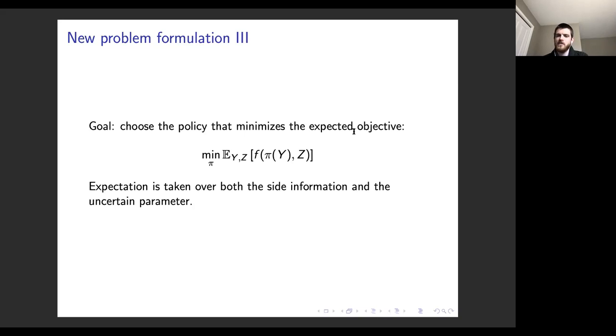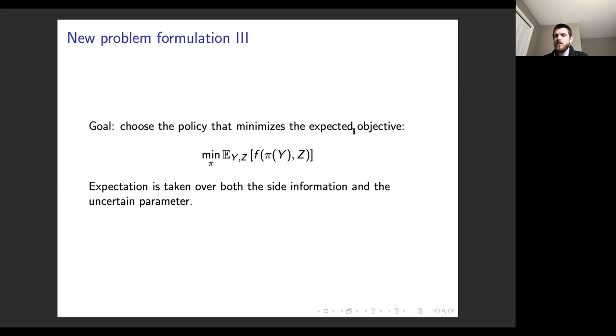So for example, in a retail application, I have to choose how much stuff I'm going to order today, but I also have to choose how much stuff I'm going to order tomorrow. And so those could be different instances of the problem with different side information.